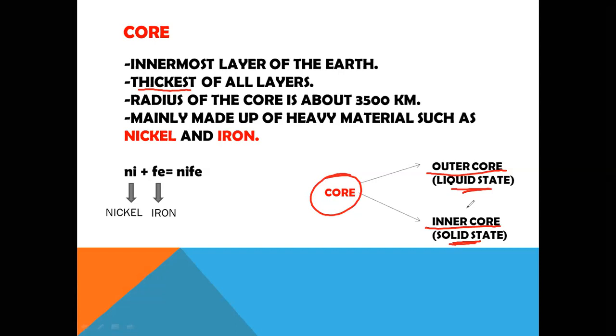Now the average thickness of core is about 3,500 kilometers and thus its radius is about 3,500 kilometers. The core is mainly made up of very heavy materials like nickel and iron, and it is sometimes referred to as the layer of nickel and iron.